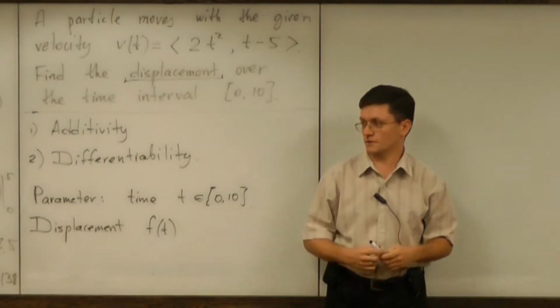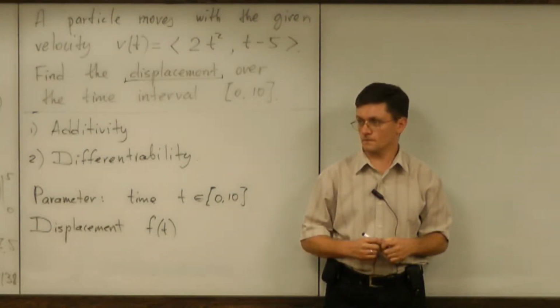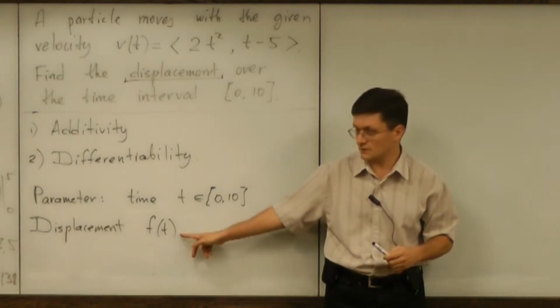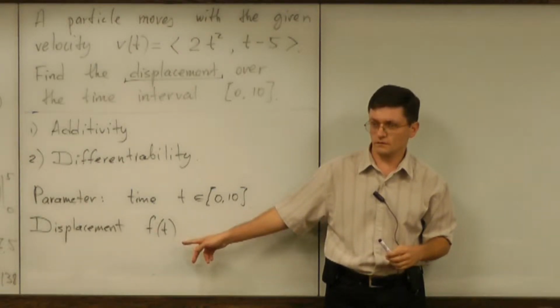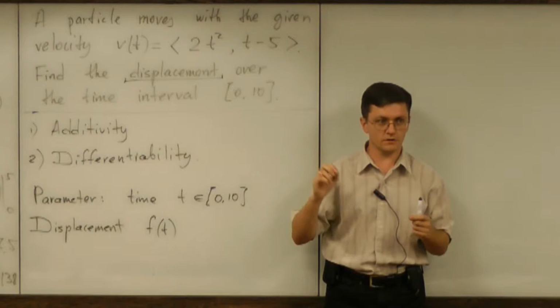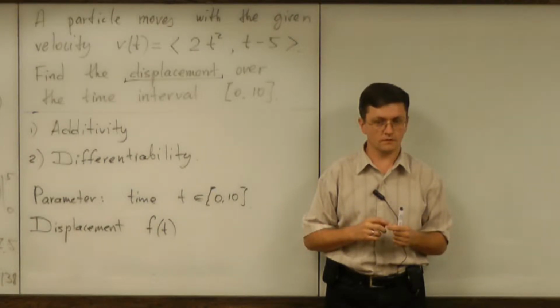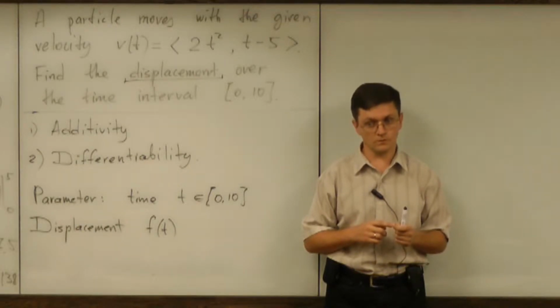Now, what kind of function is that? What is f of t? As I have a motion in a plane, what is the displacement? A function of time, yes. Is it a number? No. What is it? Is it a vector?